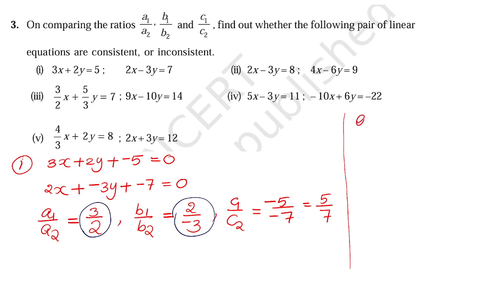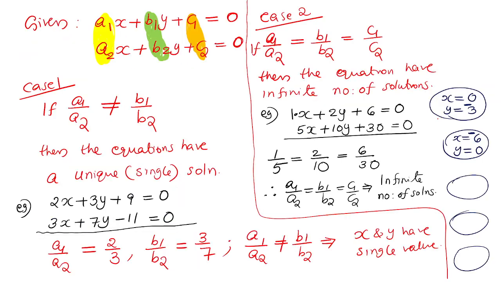Clearly, you can write that a1 by a2 not equal to b1 by b2. Then I don't need to check c1 by c2, because case 1 says that a1 by a2 not equal to b1 by b2 means a unique single solution. In this case, we need not worry about c1 by c2.